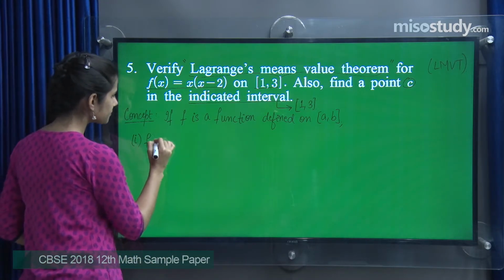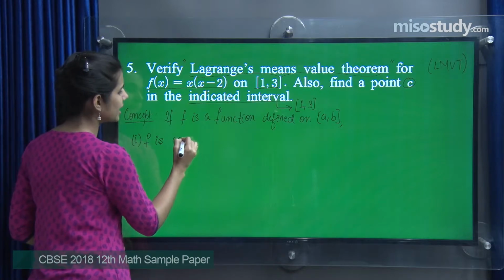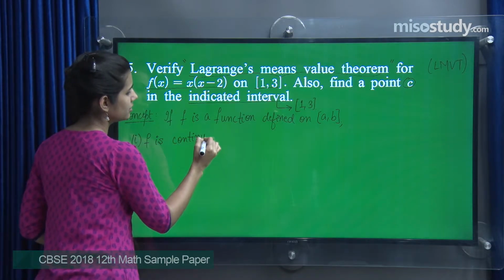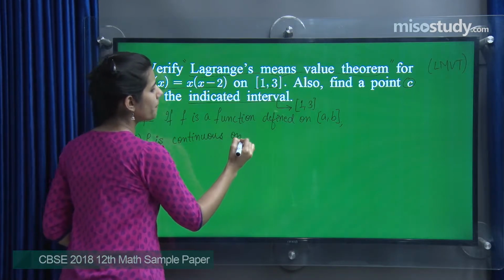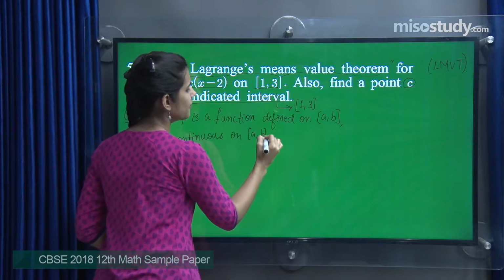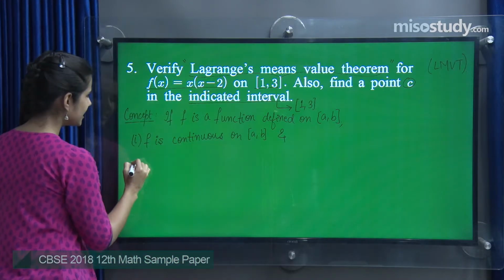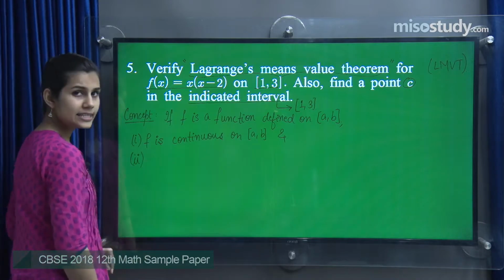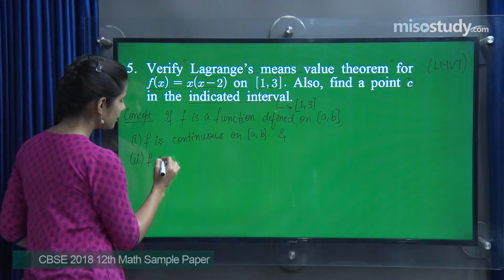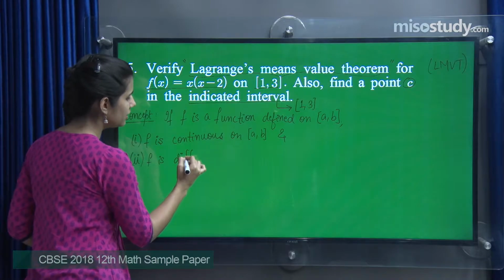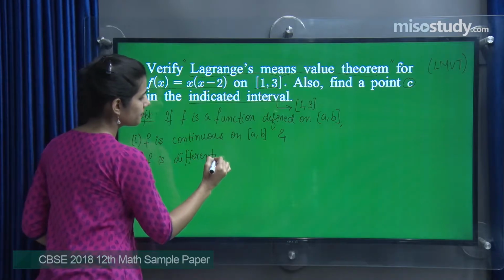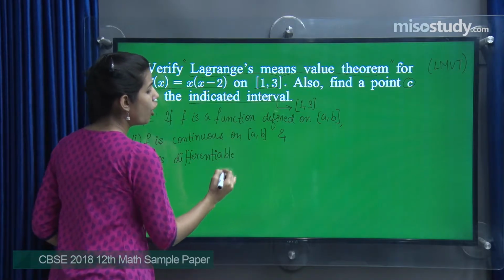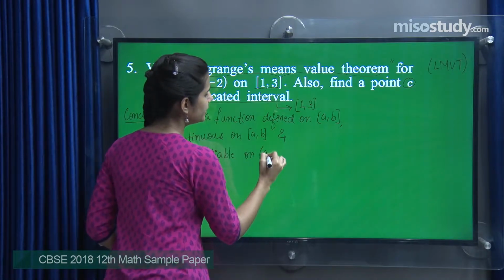One is, suppose this f is continuous on this open interval AB over which it is defined, and the second quality which it possesses is that f is differentiable on open interval AB.